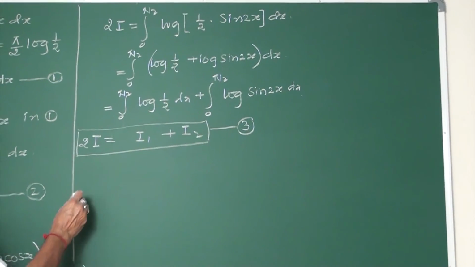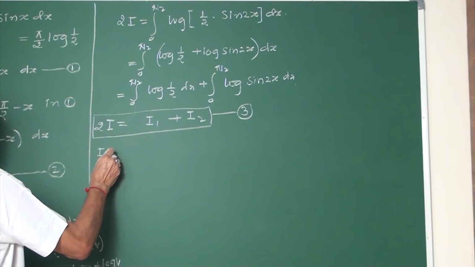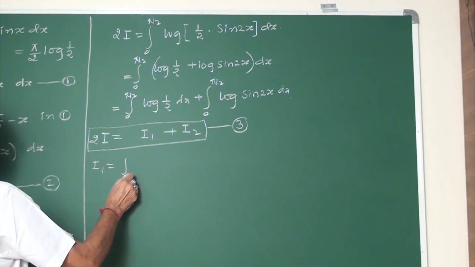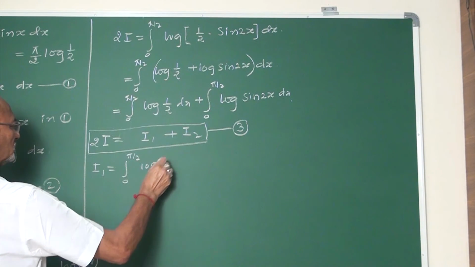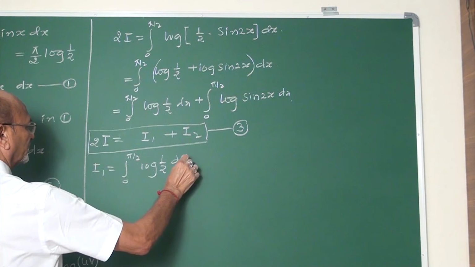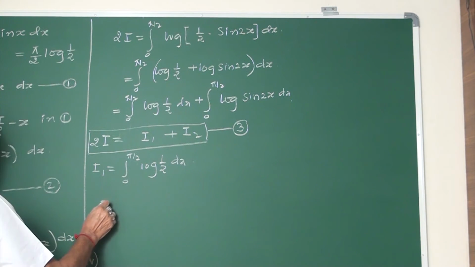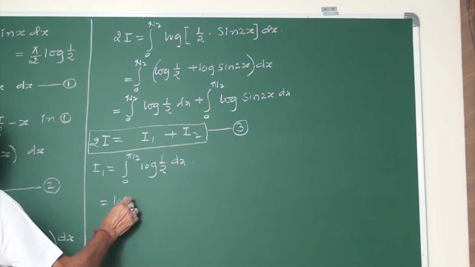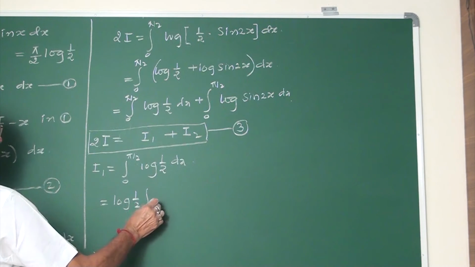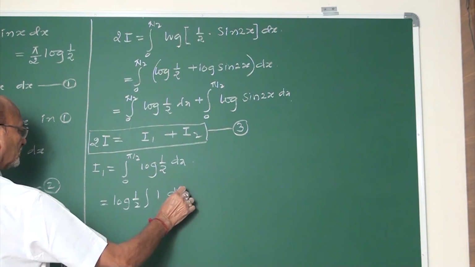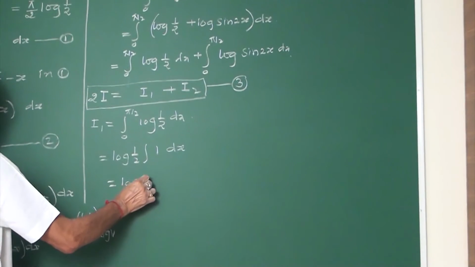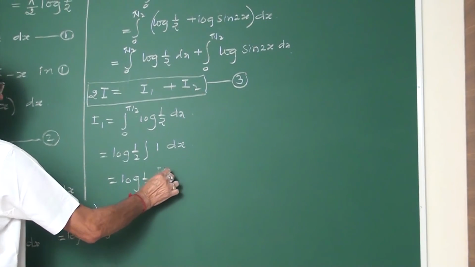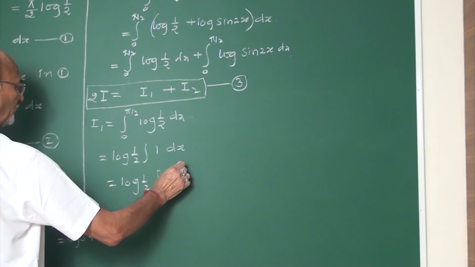First I1. I1 is integral 0 to pi by 2 log 1 by 2 dx. That log 1 by 2 is out. Integral 1 dx is x, lower, upper.